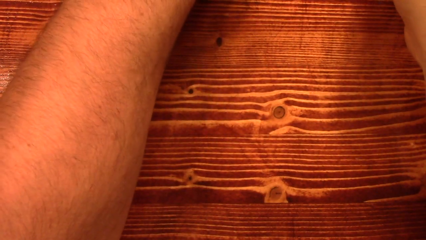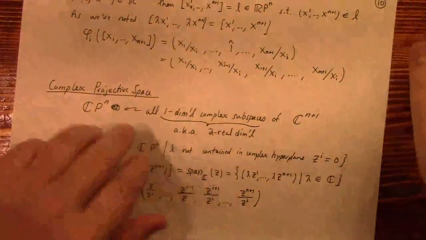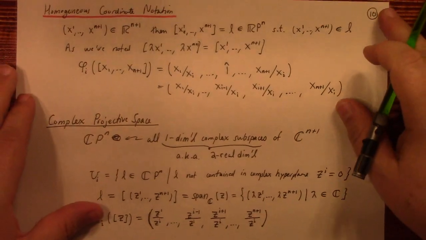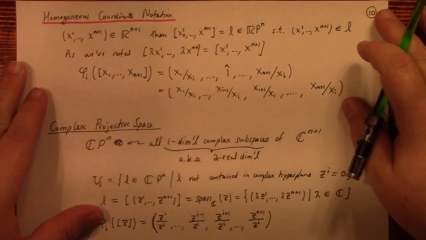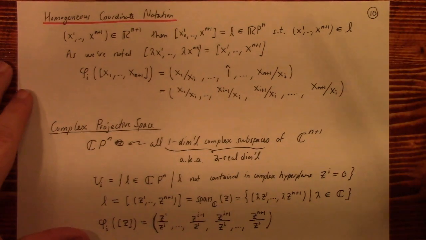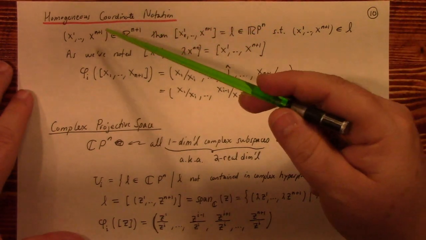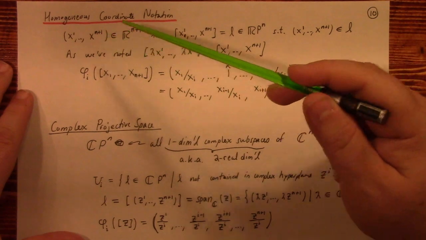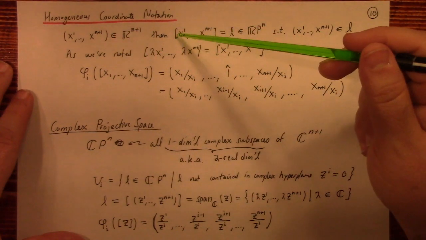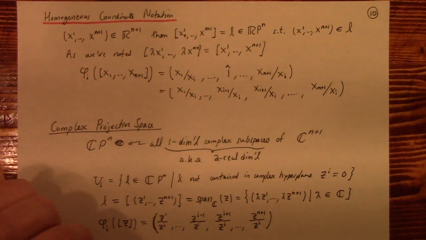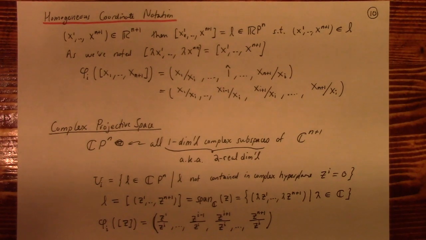The notation, which I've already been using, but which Lee also introduces at the end of everything, is the homogeneous coordinate notation, which is simply that for an n+1 vector, we say it generates that line in RPn.